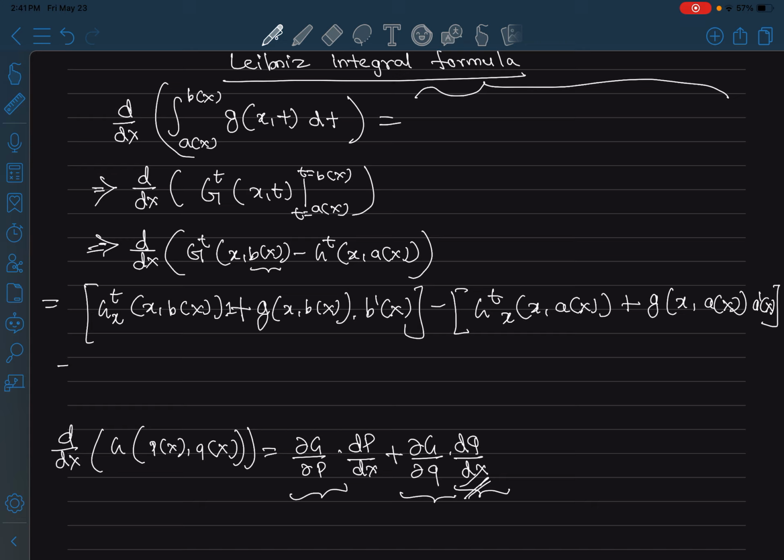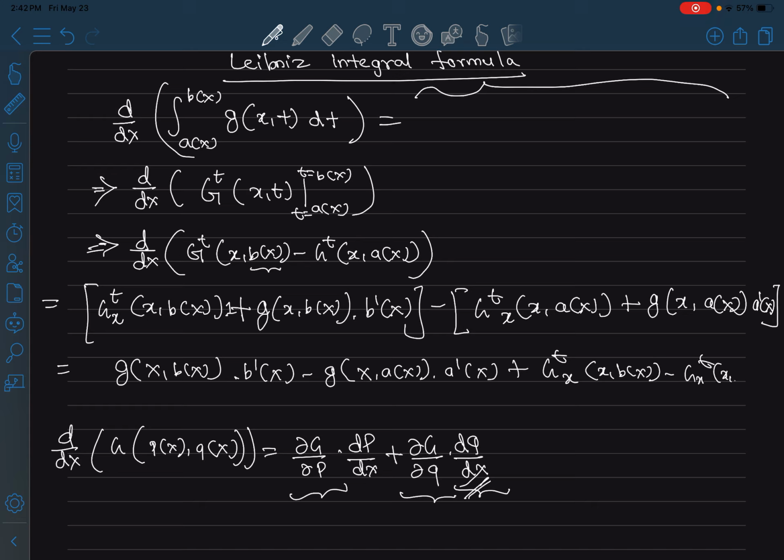And so now you have g of x comma b of x, b prime of x, minus g of x comma a of x, a prime of x, plus this integral with respect to t of the partial with respect to x, at x comma b of x, minus this thing, x comma a of x. And actually you can write the last thing in a different way.